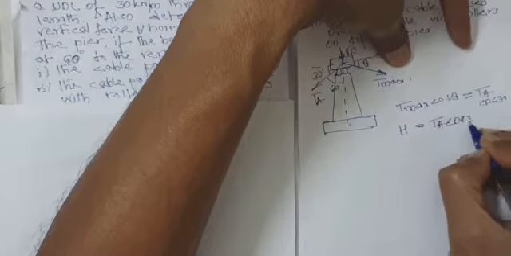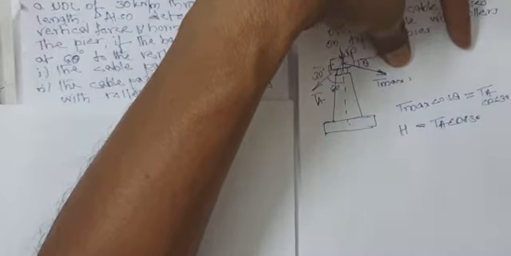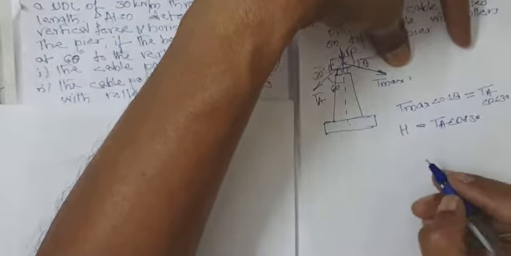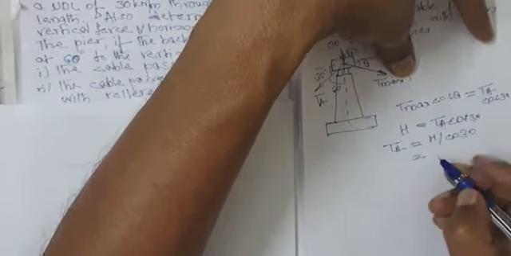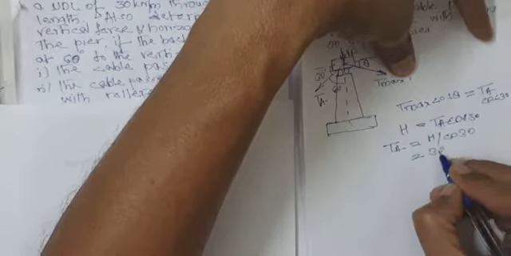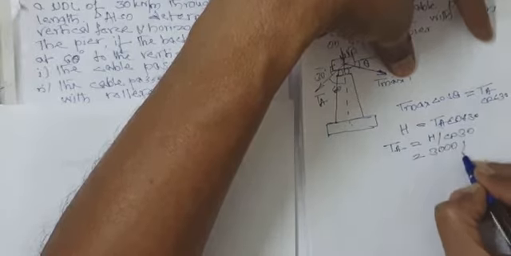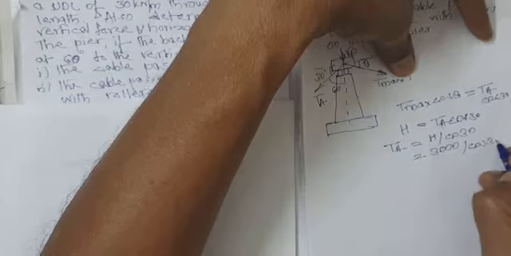So this is equal to TA cos 30. Now if you simplify this, therefore TA is equal to H by cos 30, isn't it? What is H already? That is 3000, already calculated. This is 3000 divided by cos 30.